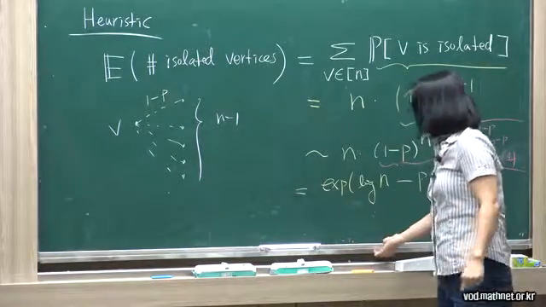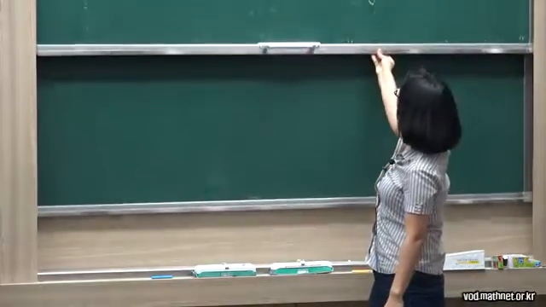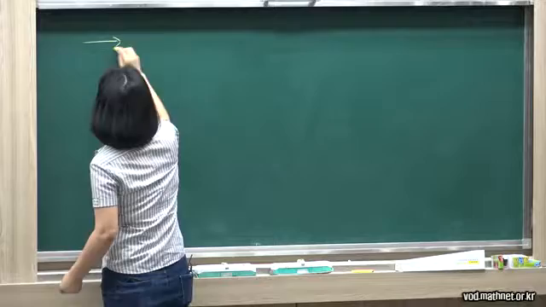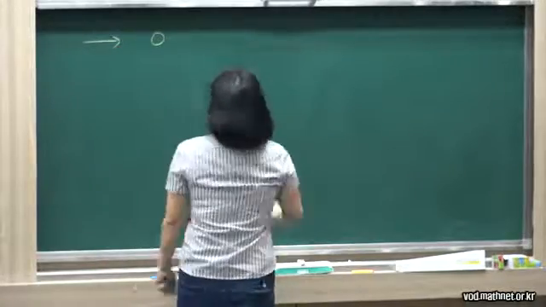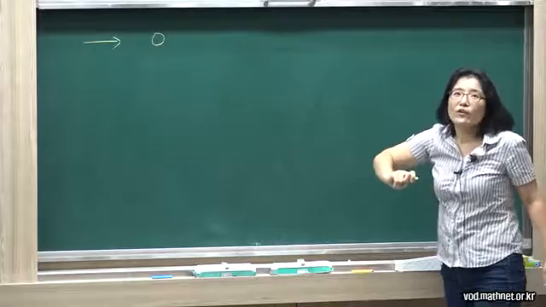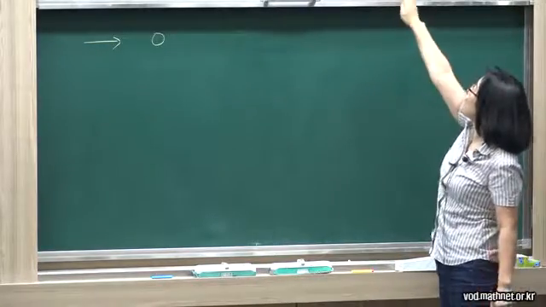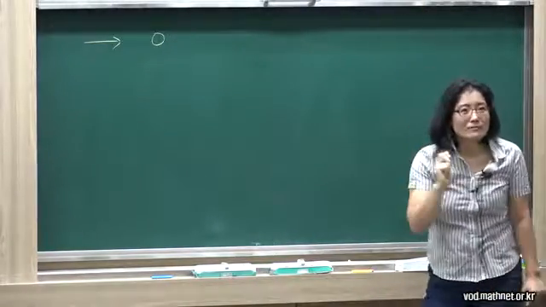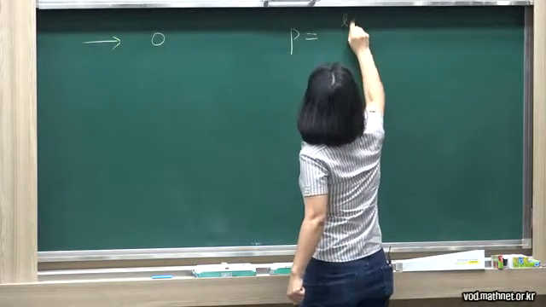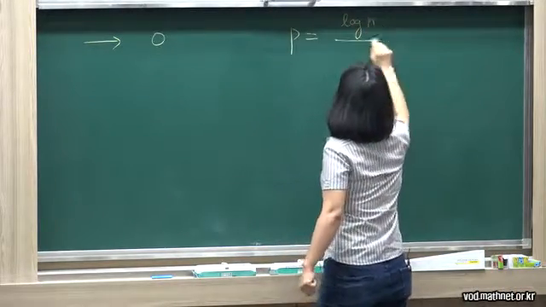So, well, what do you think? This value will tend to 0, let's say, when p is equal to log n over n, then exp 0 is 1, right? So if p is about log n over n, something will happen.